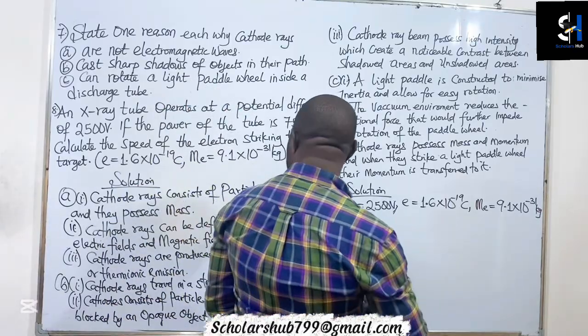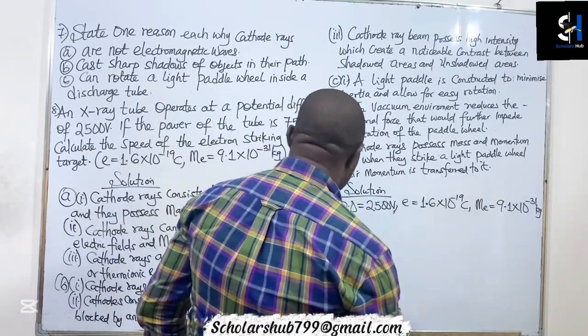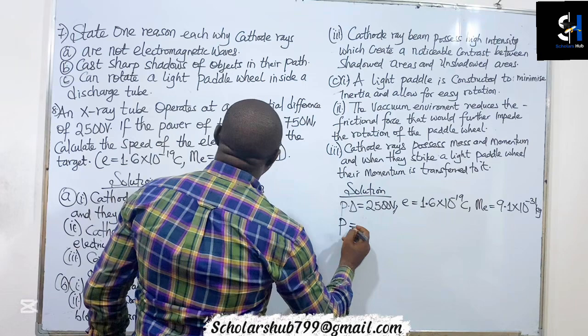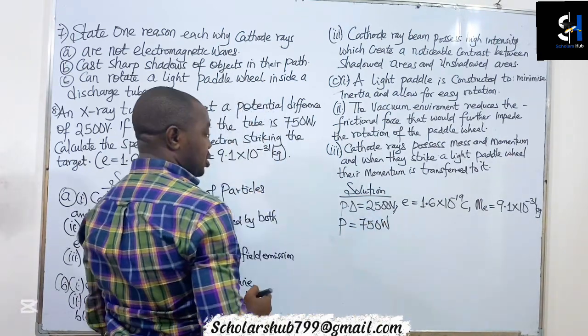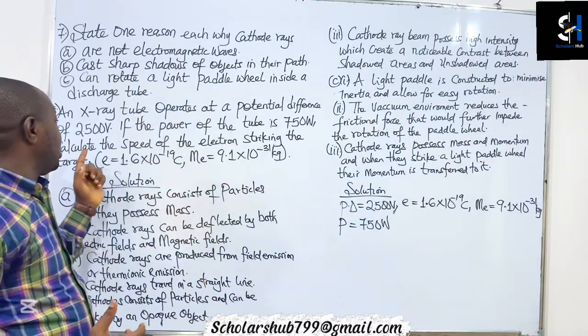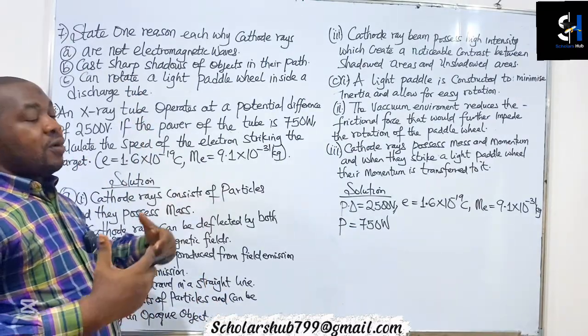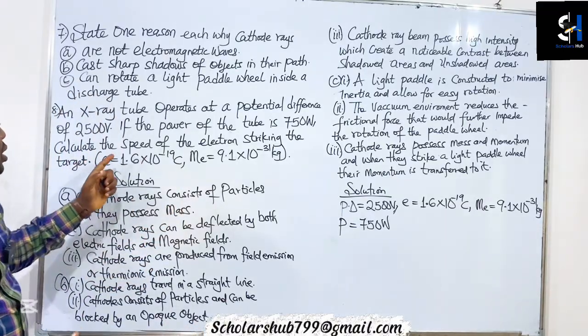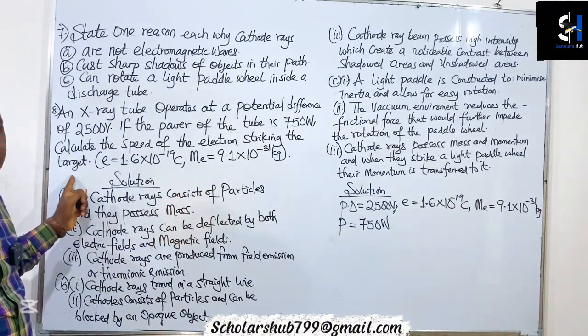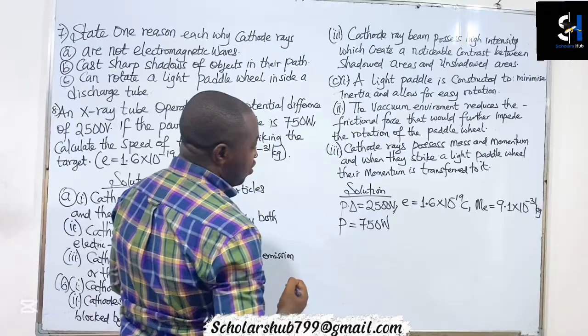We're also given the power, 750 watts. Which means that the accelerated electron will acquire enough kinetic energy when it strikes the target.